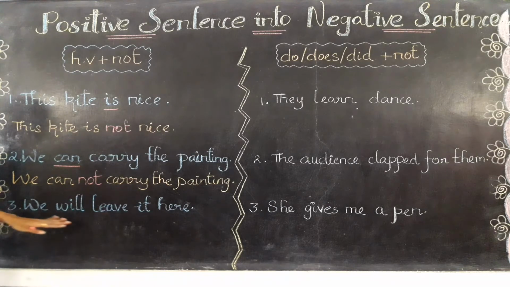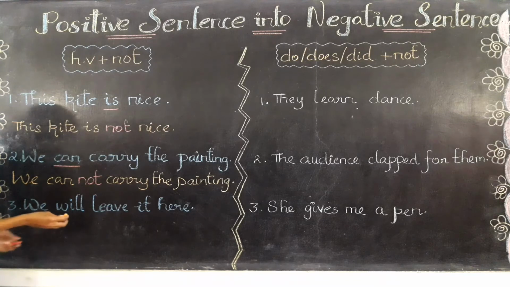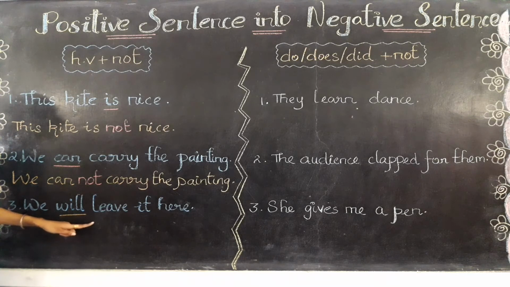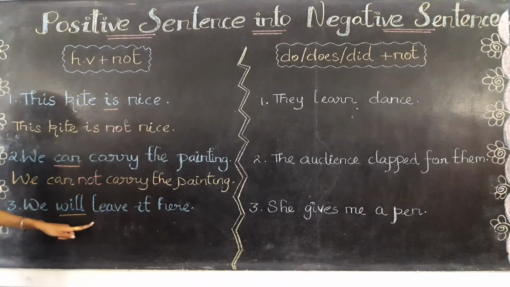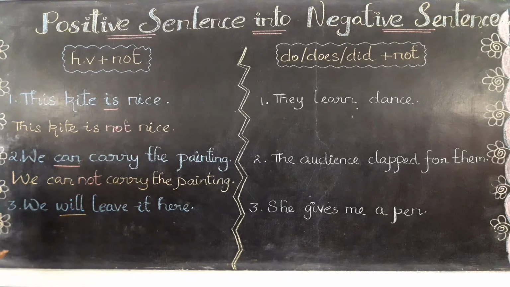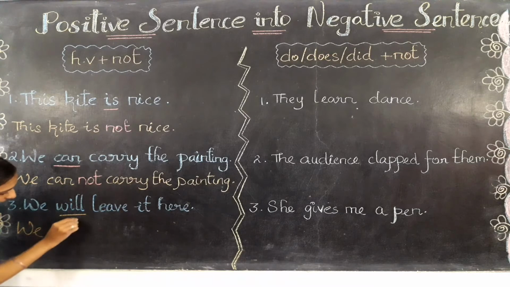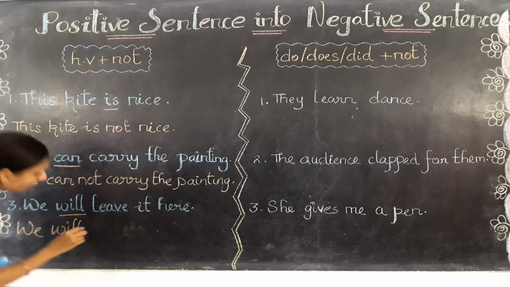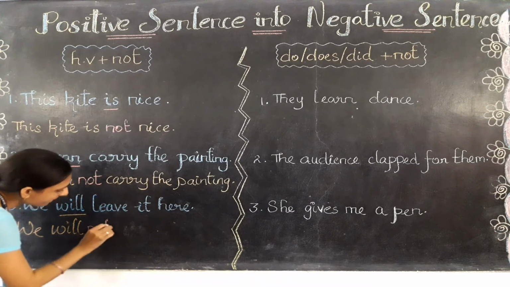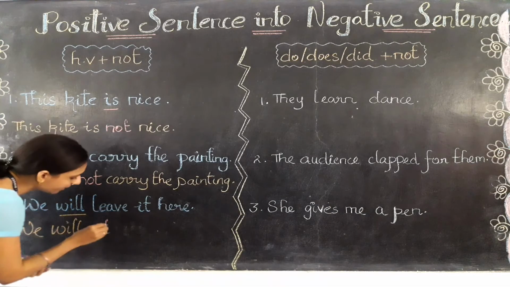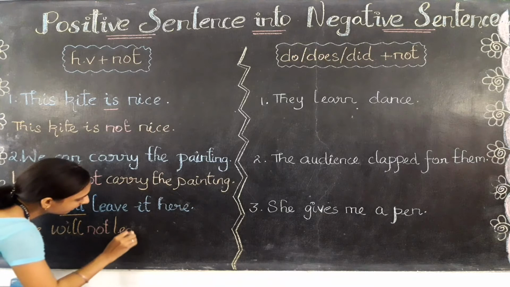Very good, after the subject you need to check if there is any helping verb. Yes, will is the helping verb. After will I need to add not to make it negative. So the sentence will become: we will not leave it here.